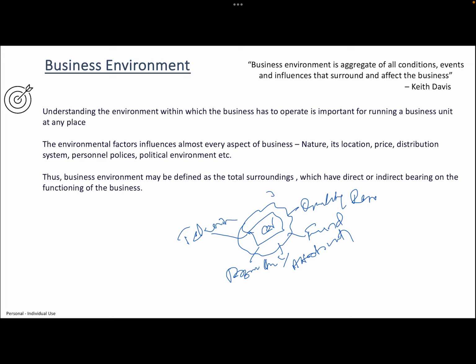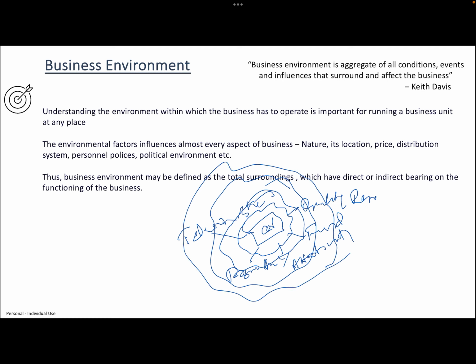And after that, what is happening in the state where your company is located? What is happening in the country where your company is located? And what is happening in the global environment?